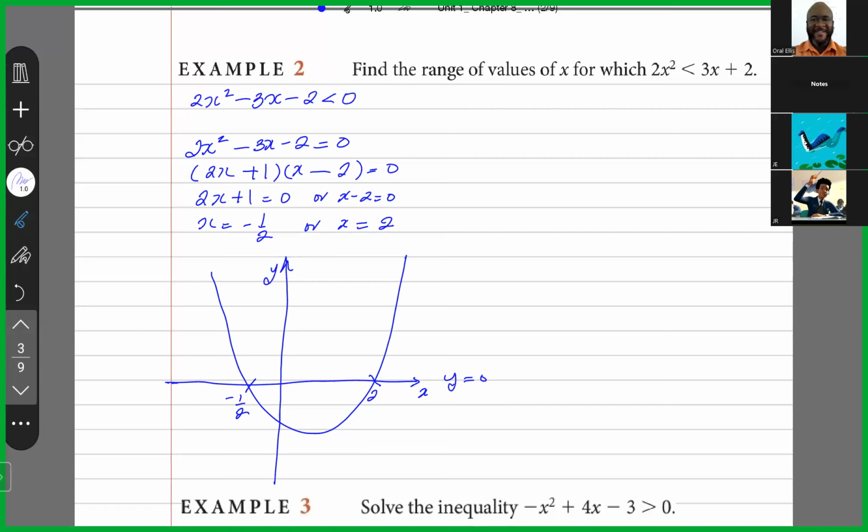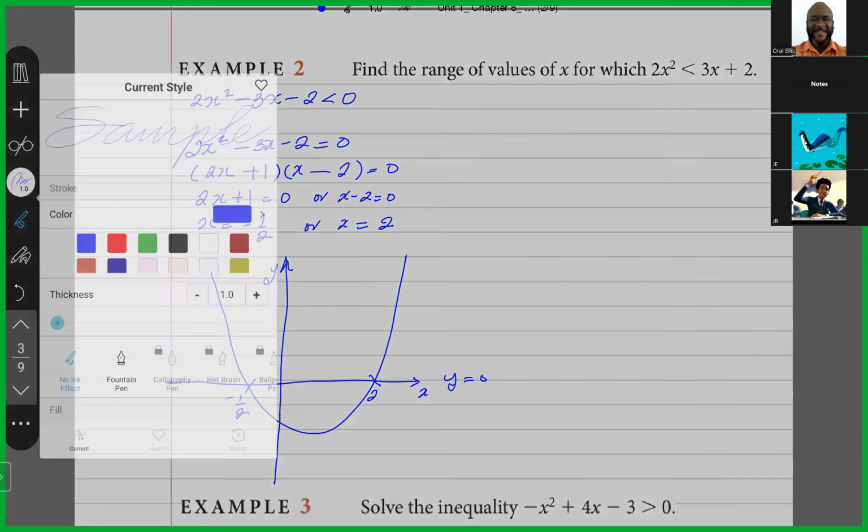What I want is the values of x in the region of the graph where 2x squared minus 3x minus 2 is less than 0. All right.